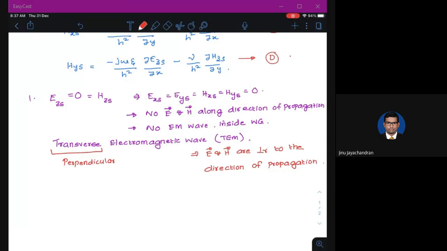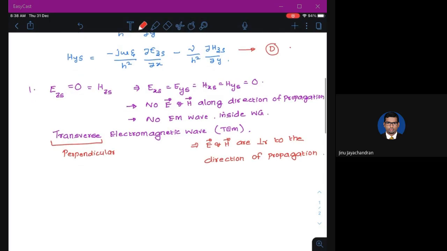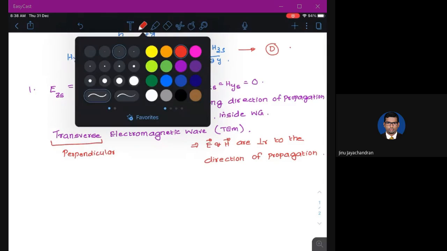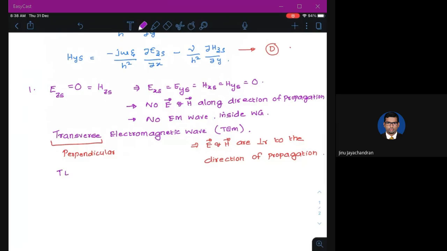Such a wave can exist in an unbound medium, for example, in free space, but this wave cannot exist in a waveguide. That's a very important point. Okay. This is also called TEM mode. We are going to study about different modes. So this is also called a TEM wave or TEM mode.